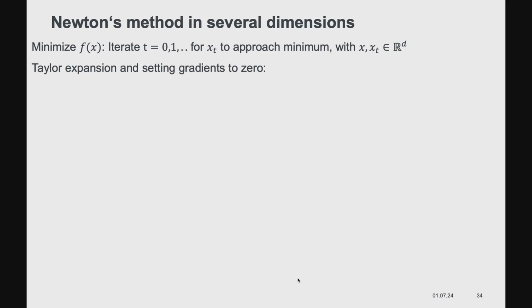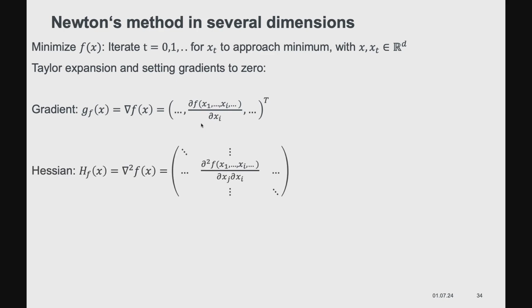So when we do this in several dimensions, we have this gradient of f of x, which is defined by the partial derivations in all the different xi directions. I mean, for an image, this may be 10,000 pixels, so 10,000 directions. And this is the first derivation.